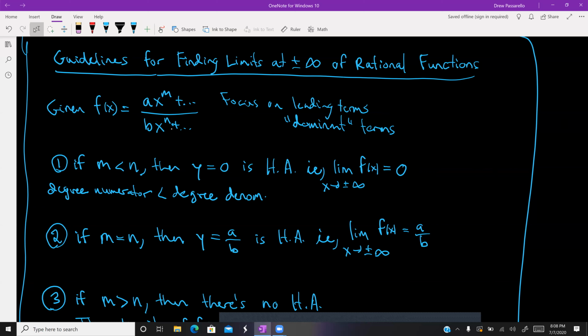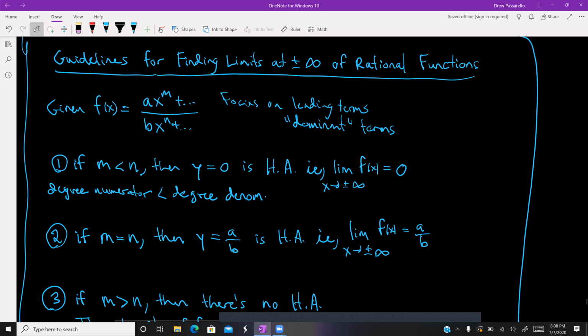And that's the same as saying the infinite limit as x approaches infinity or negative infinity of the function is equal to 0. So again, there's this equivalence in definition. Y equals 0 is the horizontal asymptote, which means the infinite limit is 0, the same value as the horizontal asymptote.